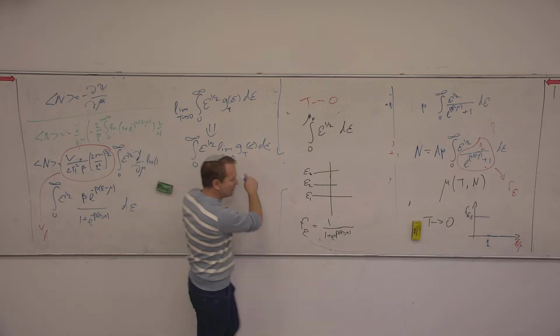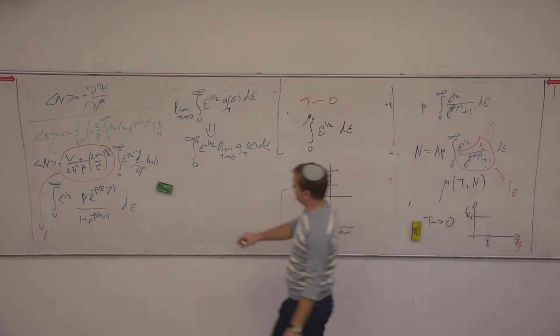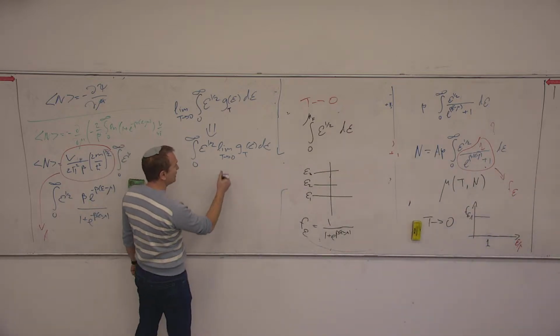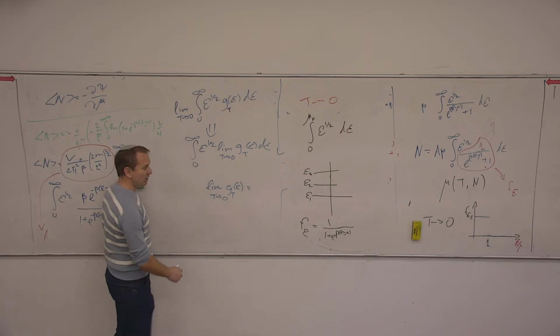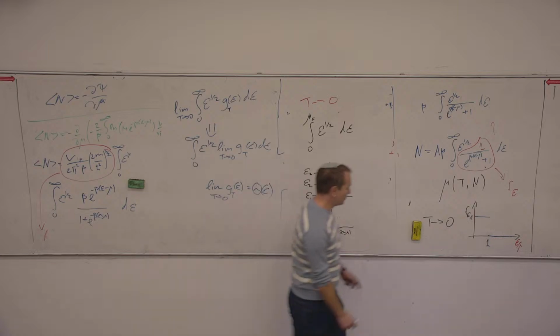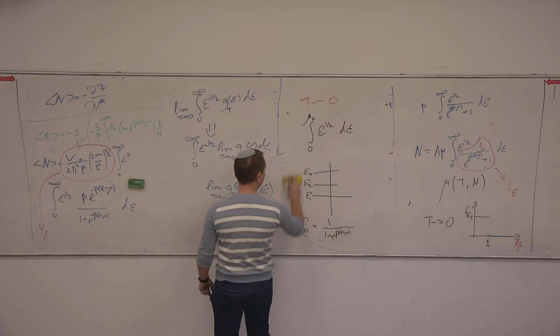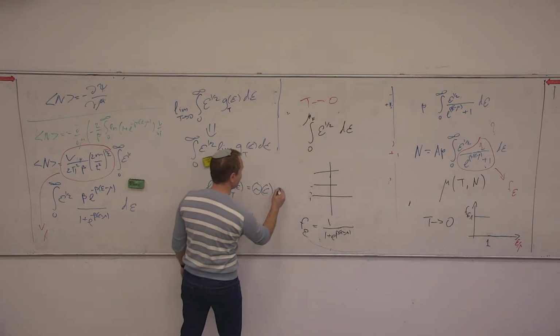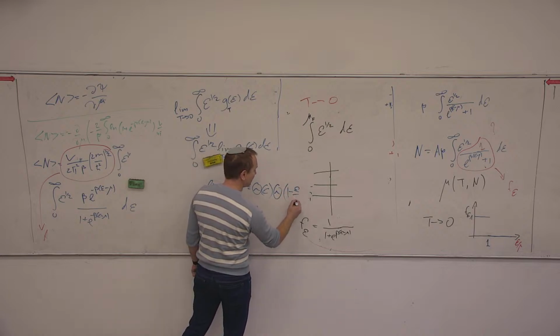I know that in this limit, this is a step function. So the limit as t goes to 0 of g_t of epsilon is a theta function of epsilon, since it cannot go below 0, and it's a theta function of 1 minus epsilon divided by mu.